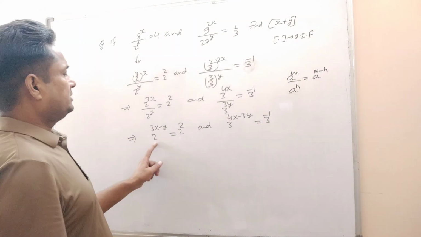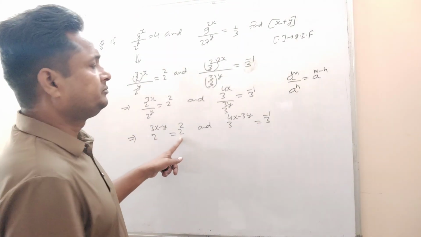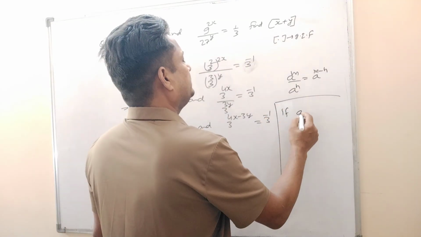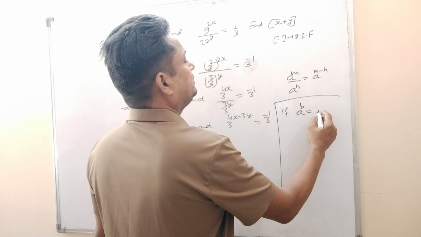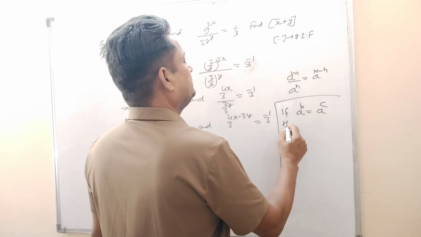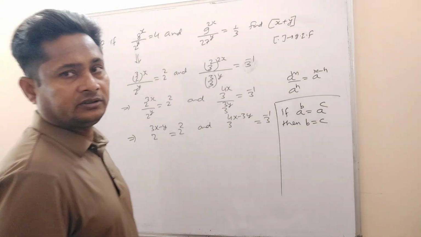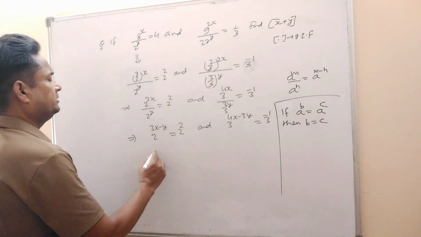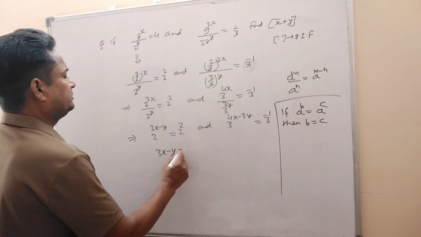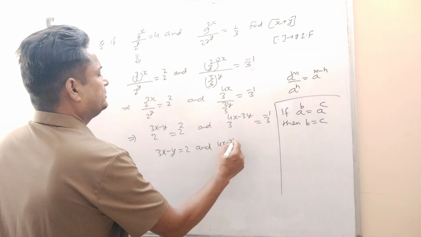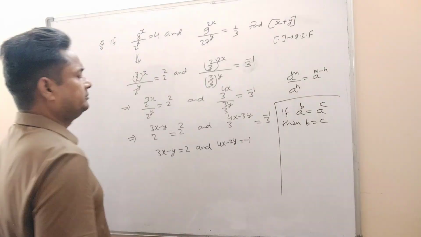Now if the bases are the same, we know this property: if a to the power b is equal to a to the power c, then b is equal to c. So this can be written as 3x minus y is equal to 2 and 4x minus 3y is equal to minus 1.